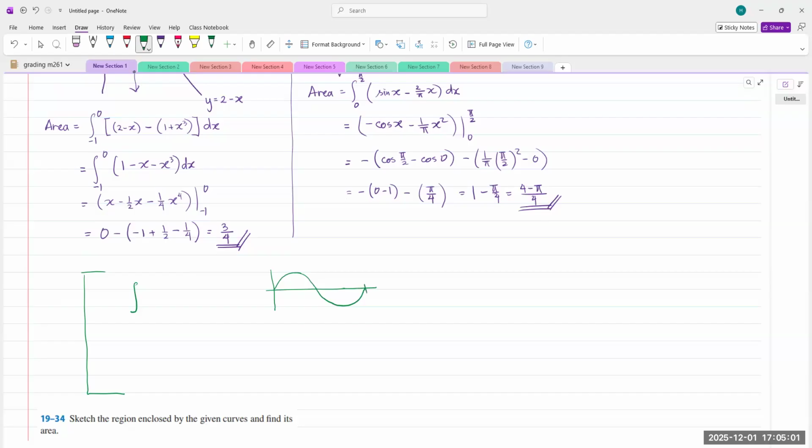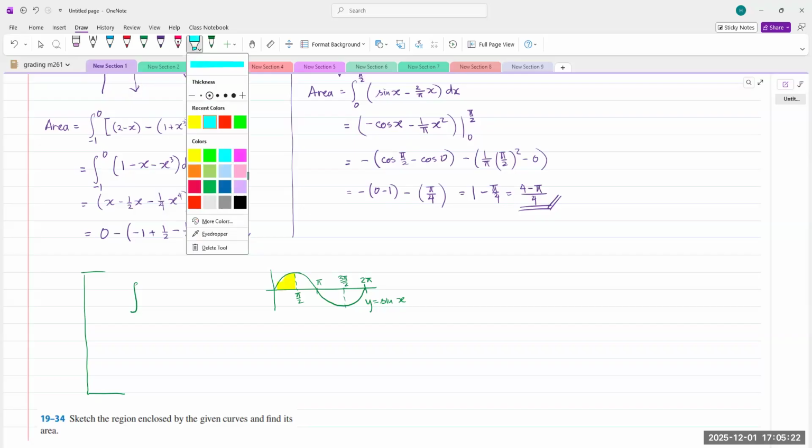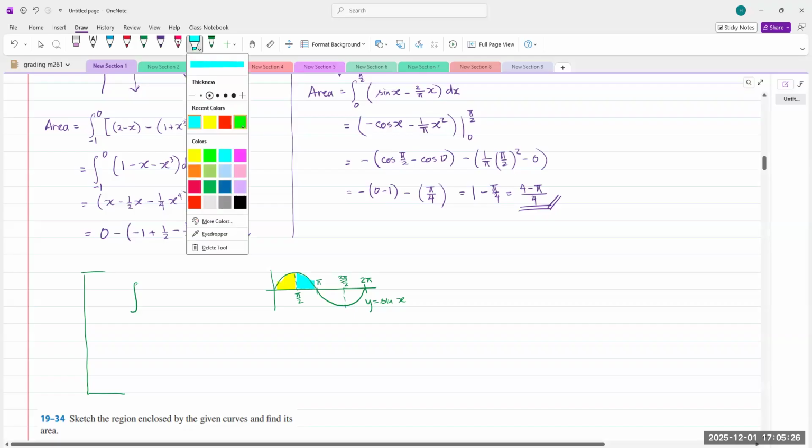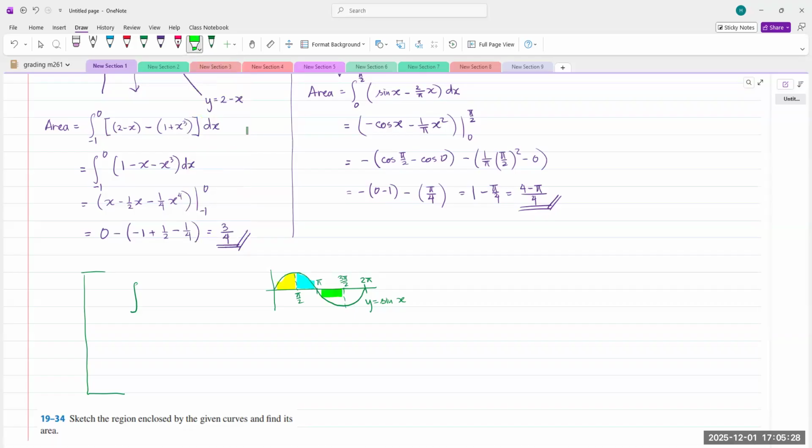So if you have y equals sine x, in each quadrant, you see that the area here is the same as the area in quadrant 2, the same as the area in quadrant 3, but it is a negative area.